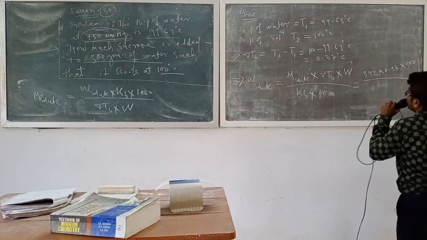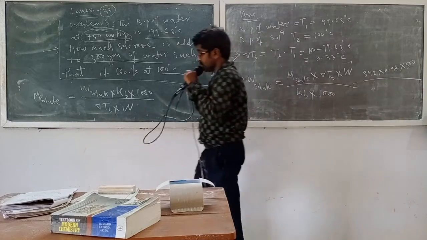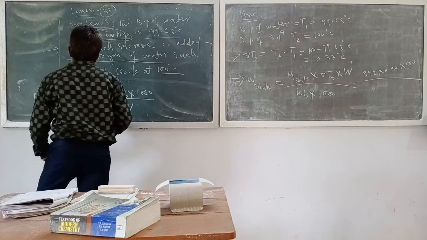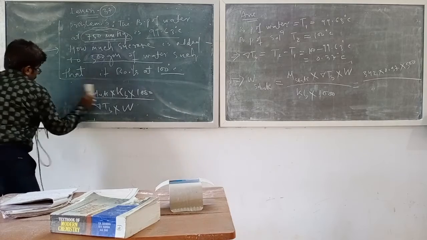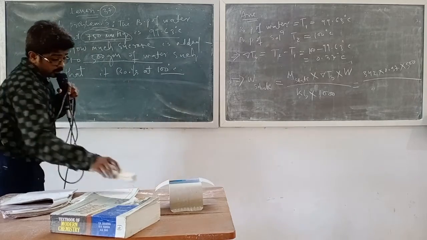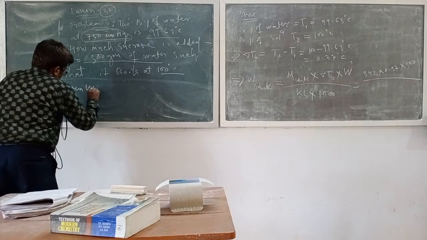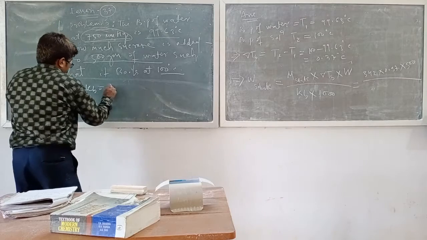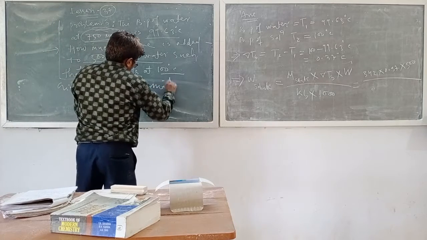And Kb is given. So Kb value is here, given Kb equal to 0.52 Kelvin kg per mole.